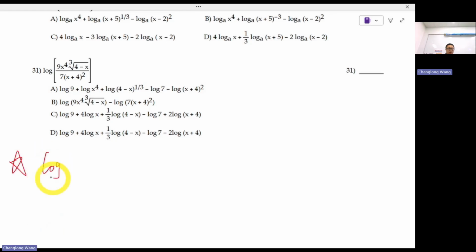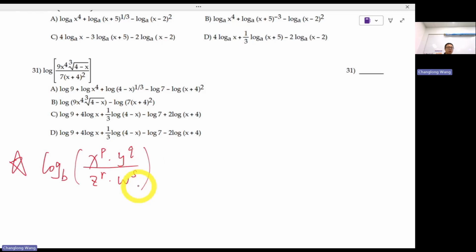So let's say you're looking at a function log sub b, right? The base b, whatever base you want. So you have a single term fraction that has maybe x to the power p times y to the power q over z to the power r times w to the power s.